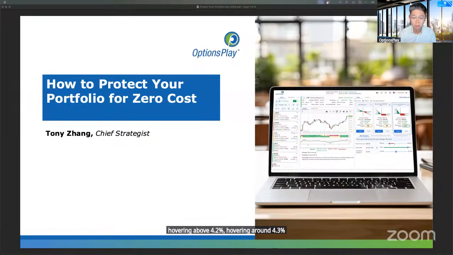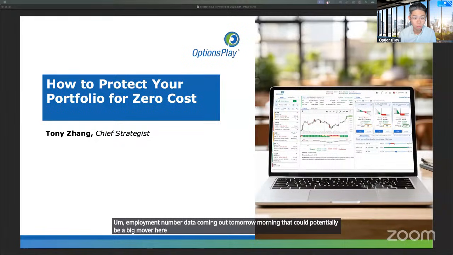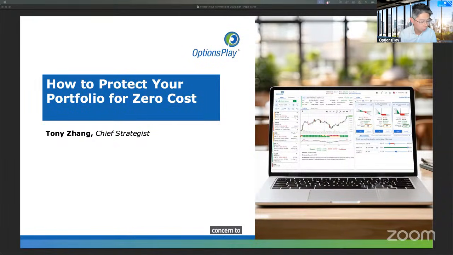And we're looking at employment number data coming out tomorrow morning that could potentially be a big mover of the markets. So a lot of concern, to say it lightly, that we see here in the markets overall.